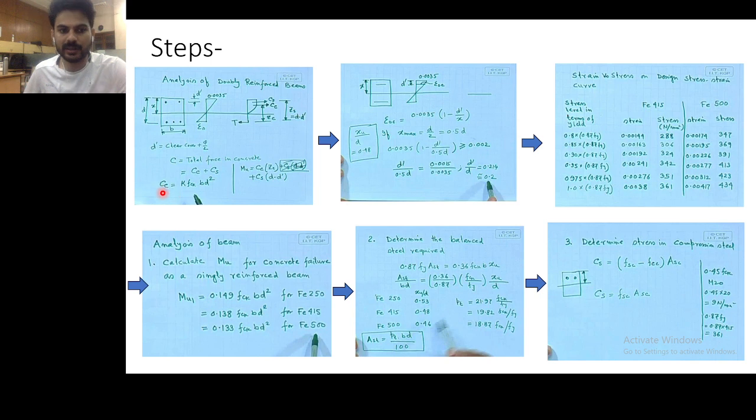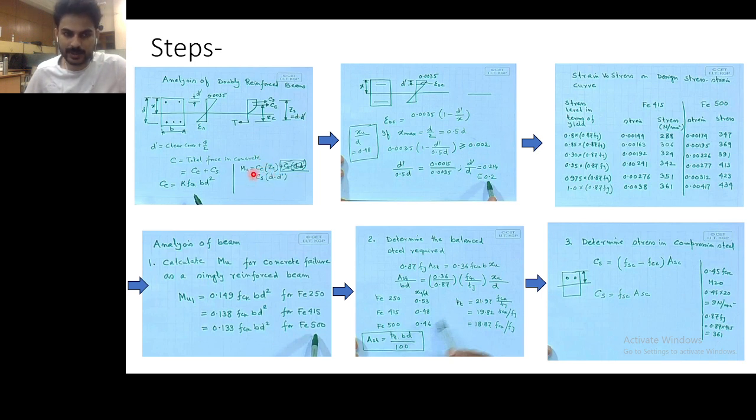So how we calculate CC is directly by 0.36 fck b xu, and that is the formula we typically know. How do we calculate Mu? We can calculate the total Mu as CC into ZC plus CS into d minus d dash, because the compression steel section is also added, so this term is also added.